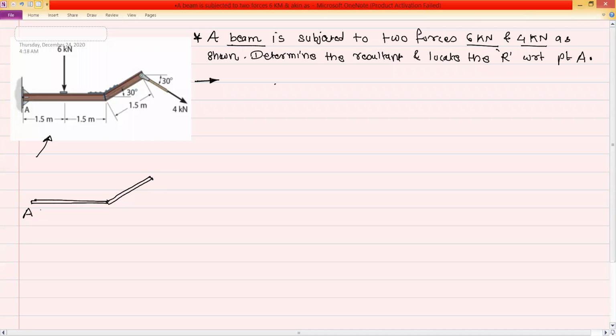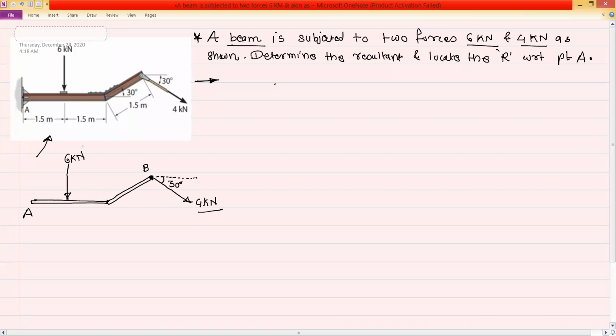So this is the point A. Then this is the vertical force of 6 kilonewton. Suppose this point is point B. And this is the inclined force. It is of 4 kilonewton. And this is the line which is parallel to x-axis. So this angle given 30 degree for the 4 kilonewton force, it is with respect to the x-axis.